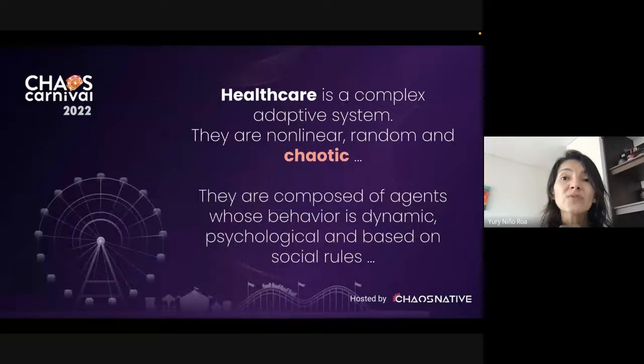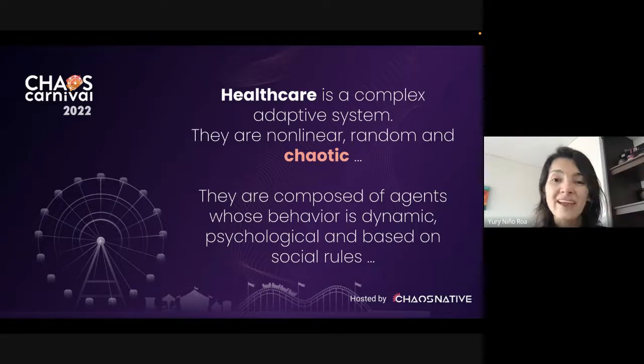So to close, I would like to share this. Healthcare is a complex adaptive system. They are not linear, random, and chaotic. And they are composed of agents whose behavior is dynamic, psychological, and based on social rules. So it's really important to use the things we know in this industry, because this industry is growing and healthcare is really important for us.